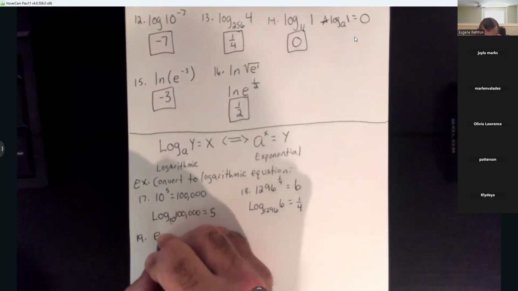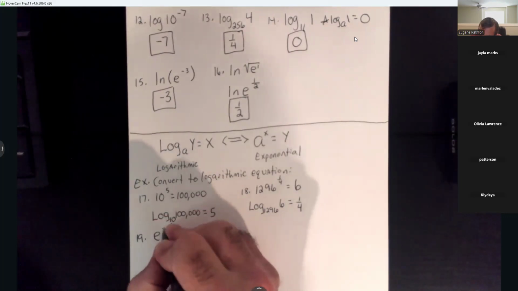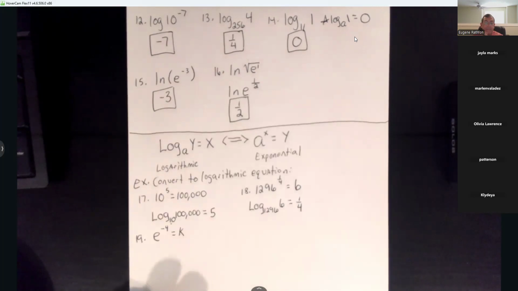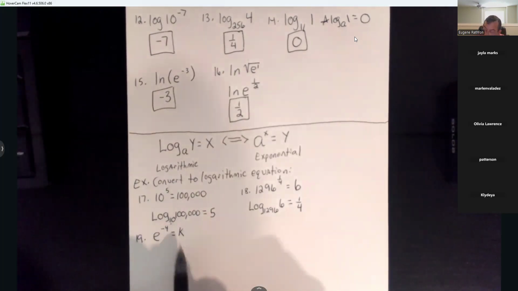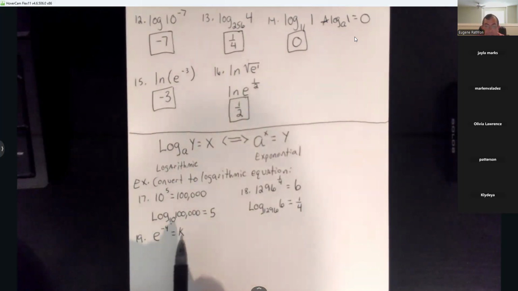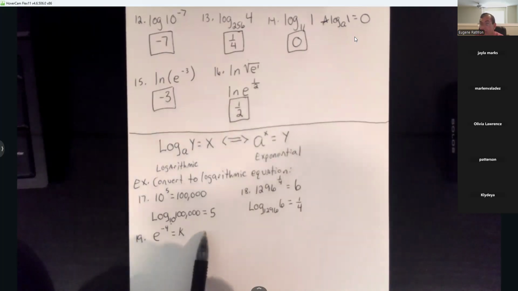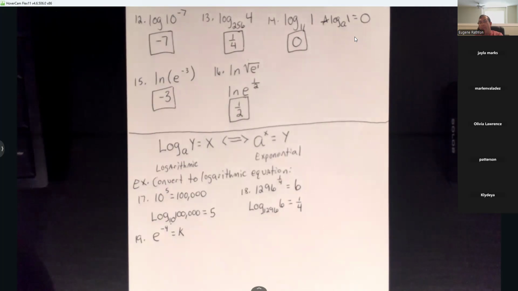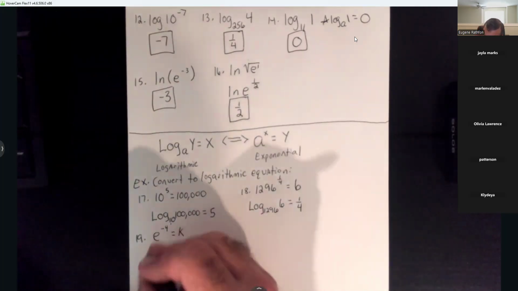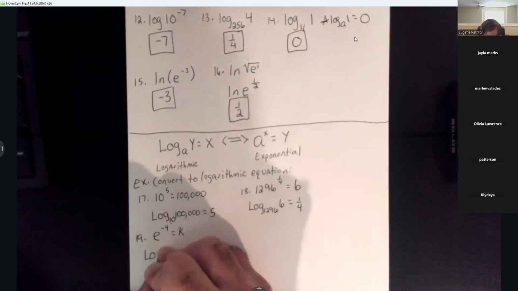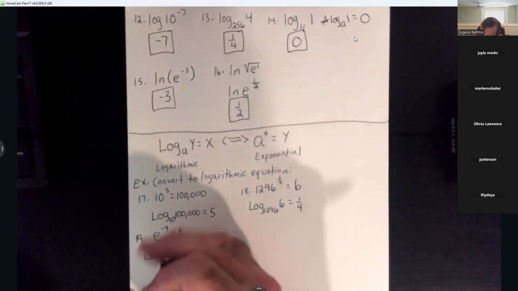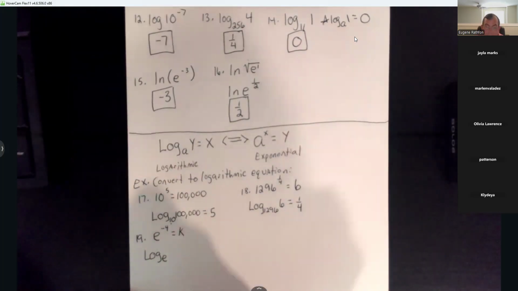All right, y'all. e to the -4 equals K. Now, y'all, you got to watch it on these. If they got little k, you use a little k. If they use a capital K, you got to use a capital K. It's very picky about uppercase and lowercase letters, okay? So I'm going to write log. The base of the log is the same as the base of the exponential, so that's the e.